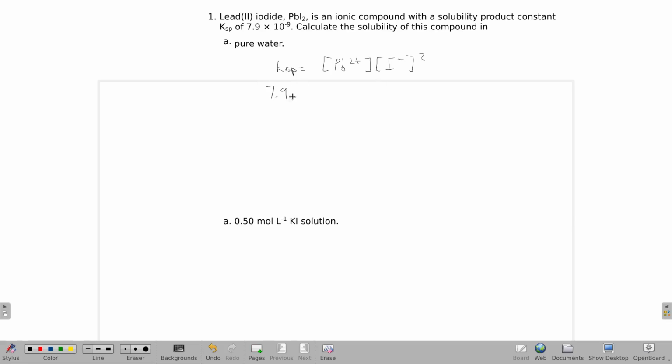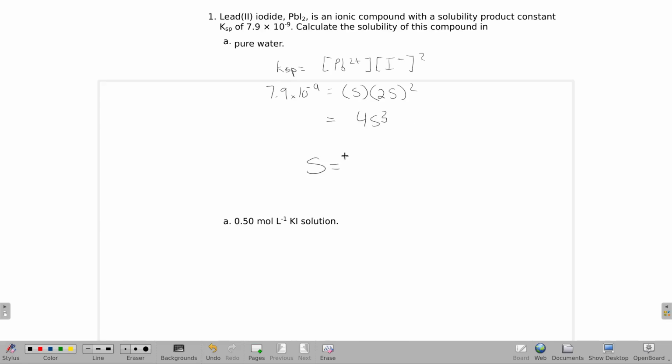I'm going to plug in that 7.9 times 10 to the negative ninth for the Ksp, and for our molar solubility, we would see that for every S there is 1 lead, and for every lead iodide there would be 2 iodides. That's going to turn into 4S cubed.